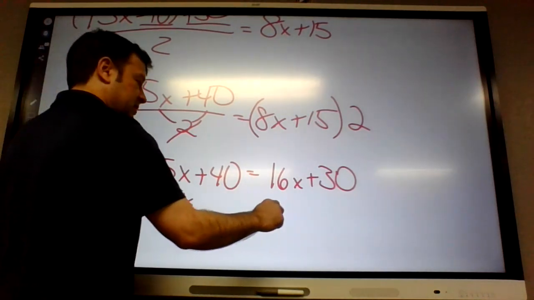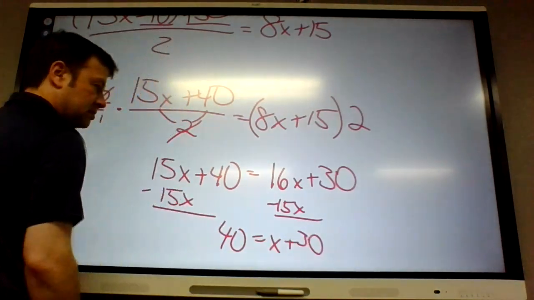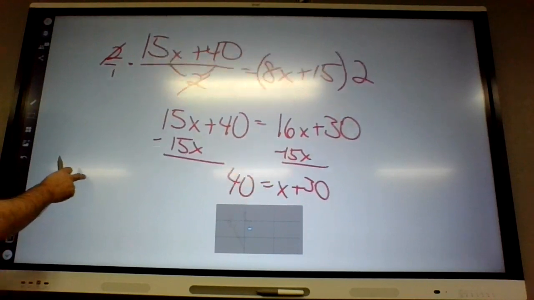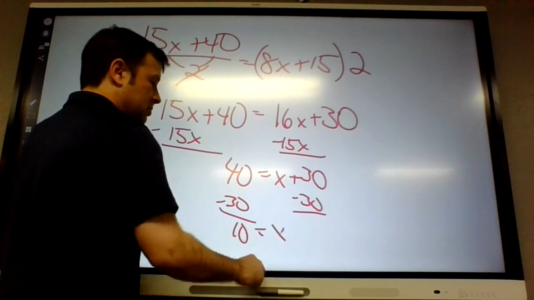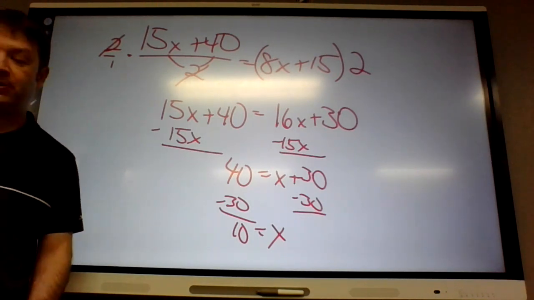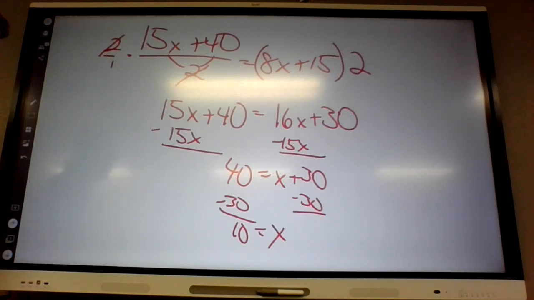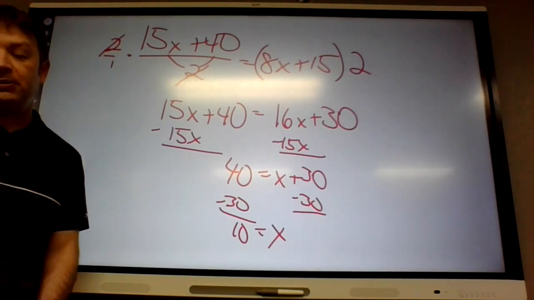So you subtract 15x. Alright, and yeah, we are supposed to plug x back in to find arc RS, but it'll just be 15 times 10 minus 10, 150 minus 10 is 140.